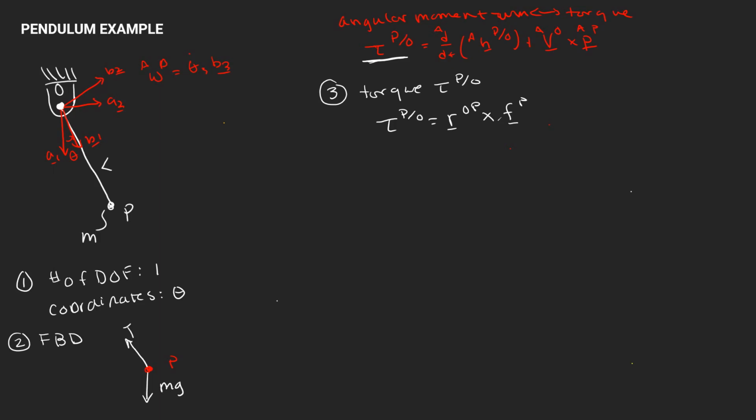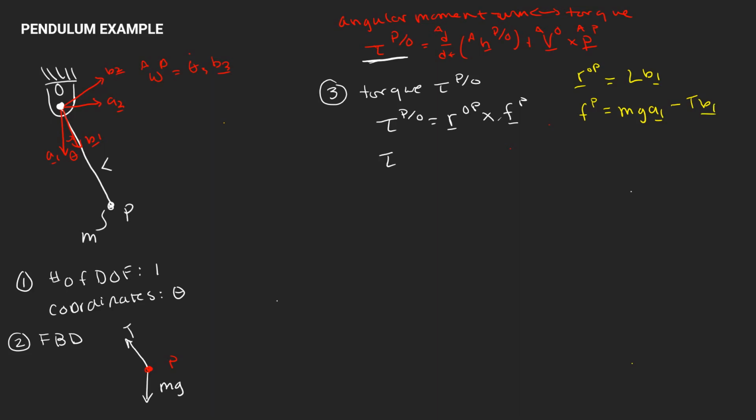So we can write out what those two vectors are here. We have ROP equal to L in the B1 direction, and our force vector is equal to mg in the A1 direction minus T in the B1 direction.